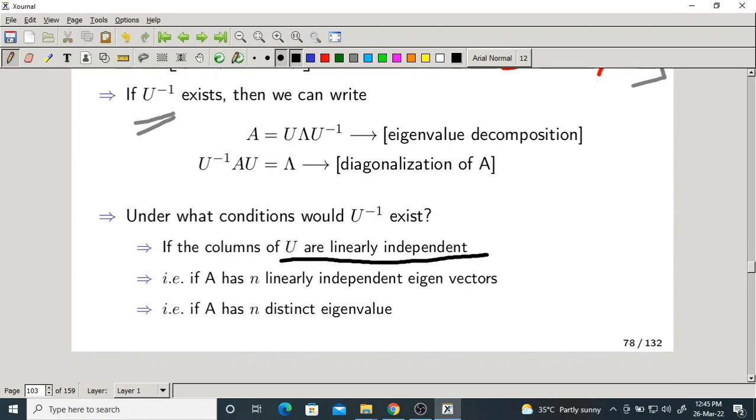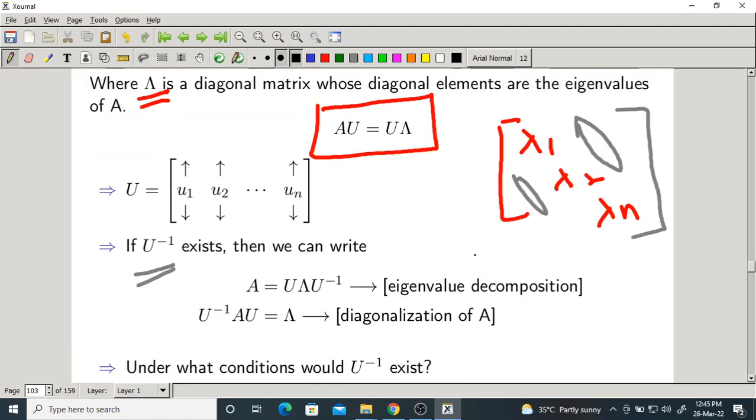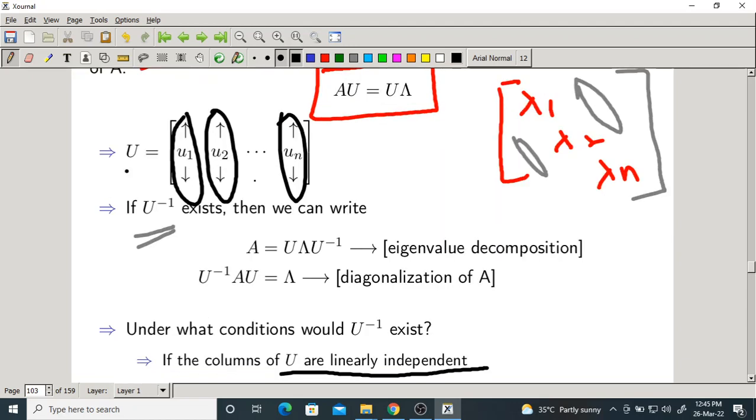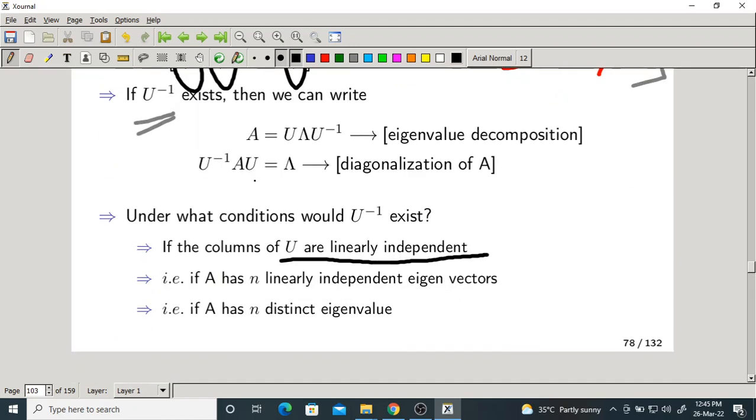Is it so? Yes. Why? Because the columns of the matrix U are eigenvectors, and eigenvectors of a square matrix are LI. LI means linearly independent. Obviously, U inverse exists, because A has n distinct eigenvalues and n linearly independent eigenvectors. That's why its inverse exists.